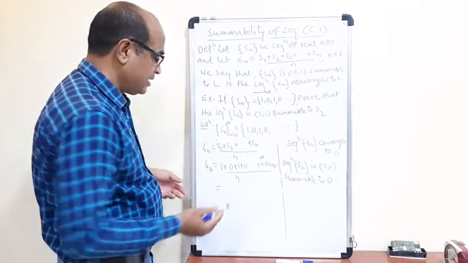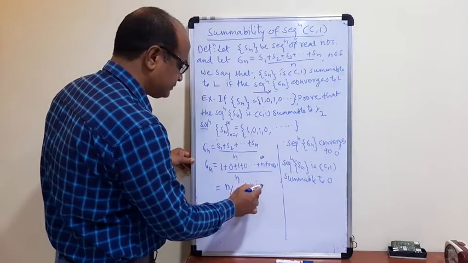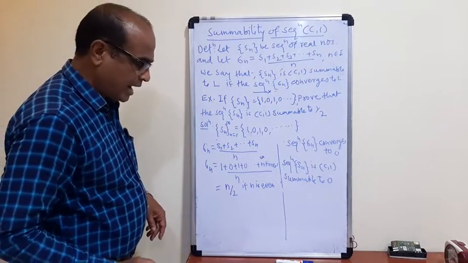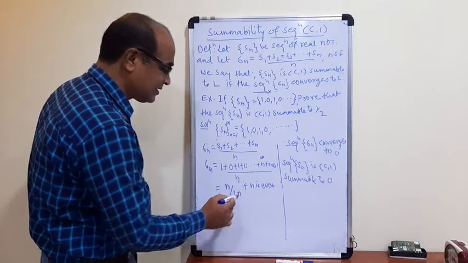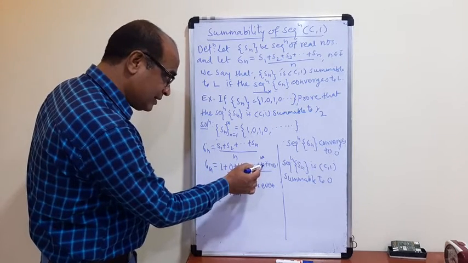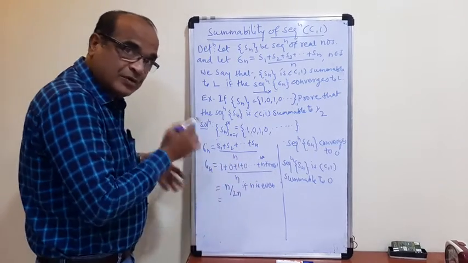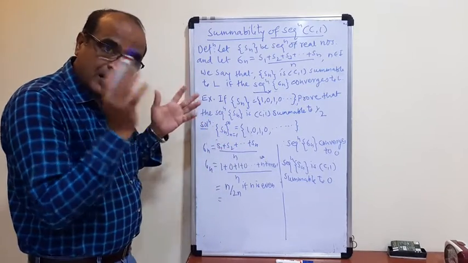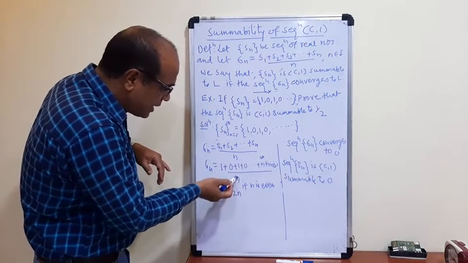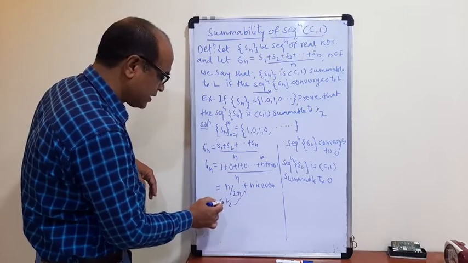So if n is even, there are n by 2 ones. This n by 2 divided by n, the n cancels, and we get 1 half.